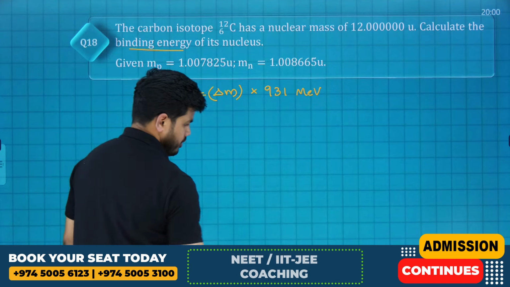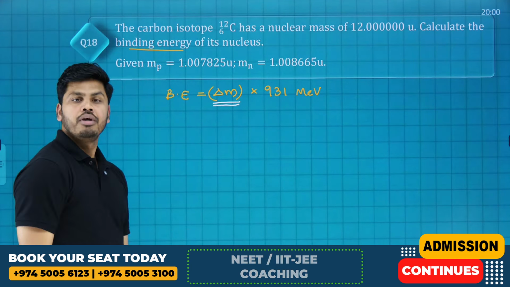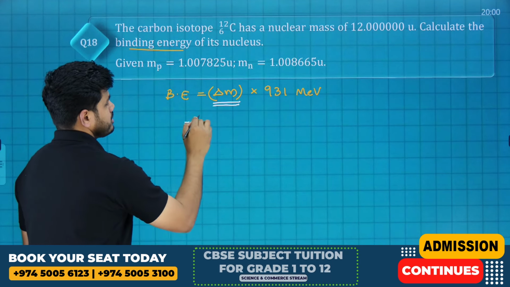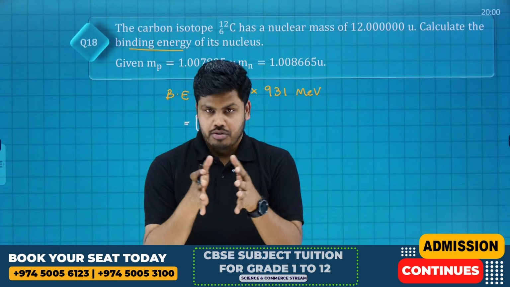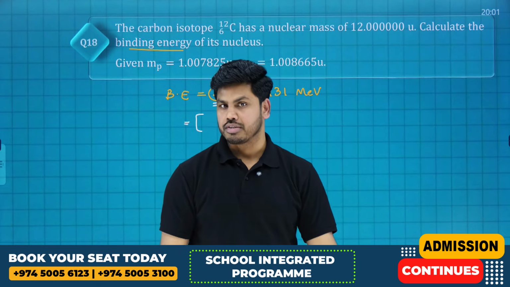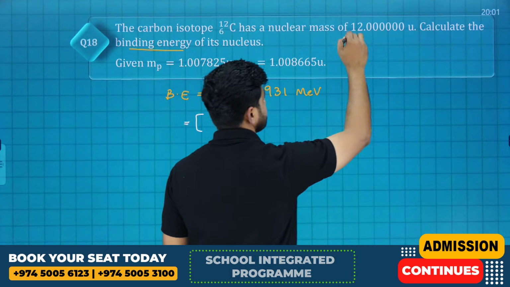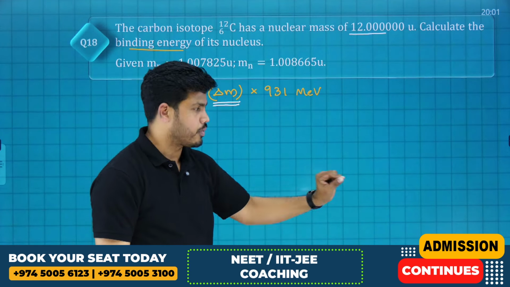So 931 MeV is ready. We just have to multiply with that. But before that, we should know what delta M is. How will you find delta M? Delta M is the expected mass of the nucleus, or the total mass of the constituent particles, minus the actual mass of the nucleus. The actual mass of the nucleus is given for the carbon-12 isotope. It is 12 atomic mass unit, right?